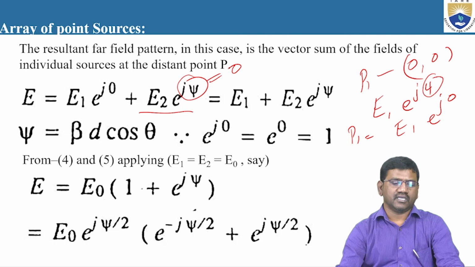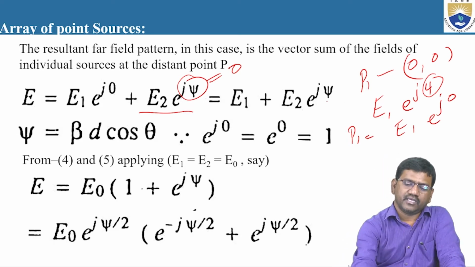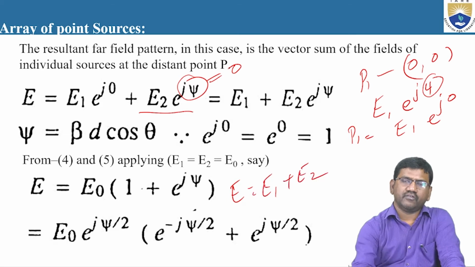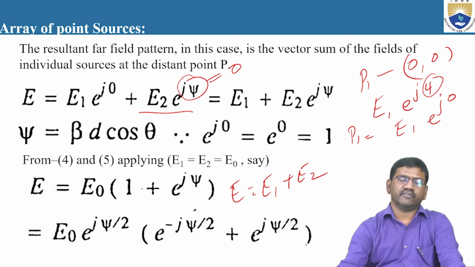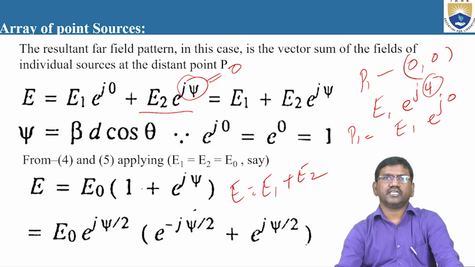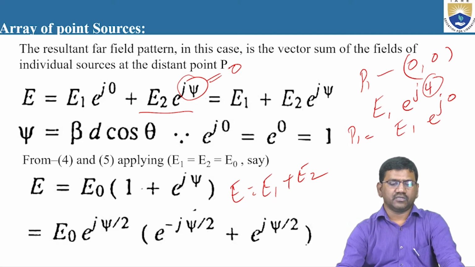Hence, we have written the phase angle between point 1 and point 2 as psi. The resultant field strength is given by the combination E is equal to E1 plus E2, the field strengths produced by the 2 point sources. The resultant field pattern is given by E is equal to E1 e power J0 plus E2 e power J psi.